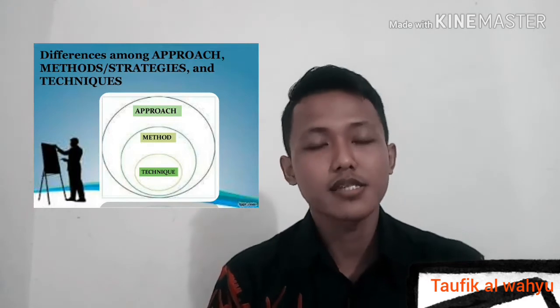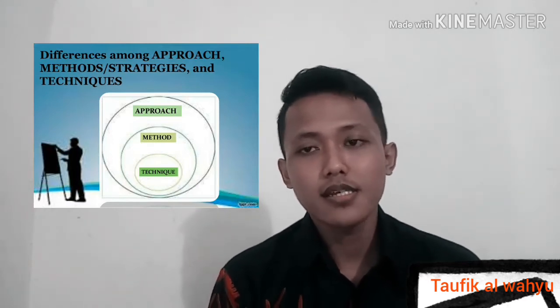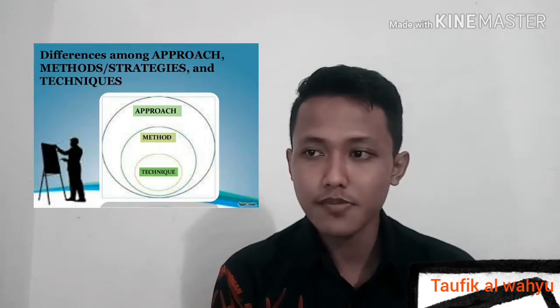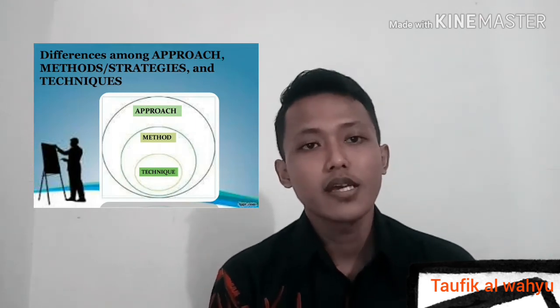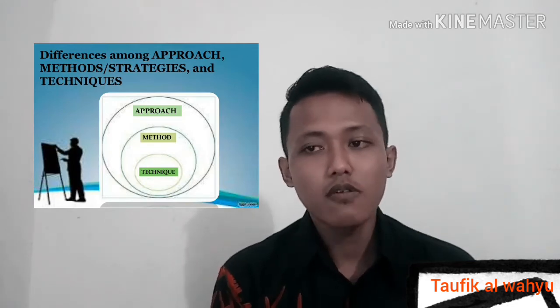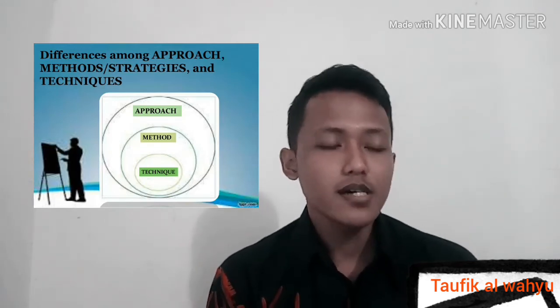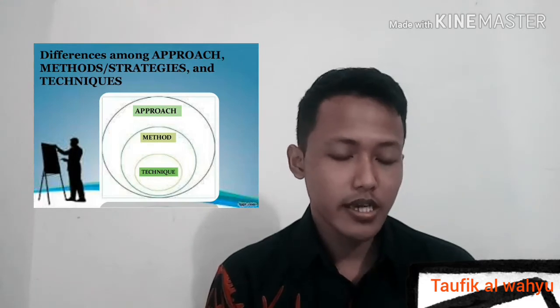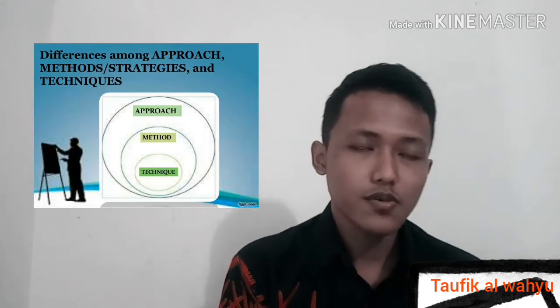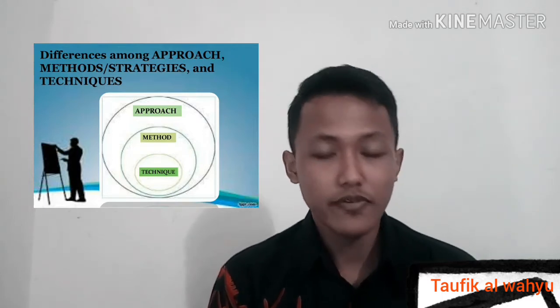And the second one is the method. The method is some step or procedure to practice something in a systematic way. It means that the method is the set of classroom activity, but we cannot only use the approach and method. We need some modification.